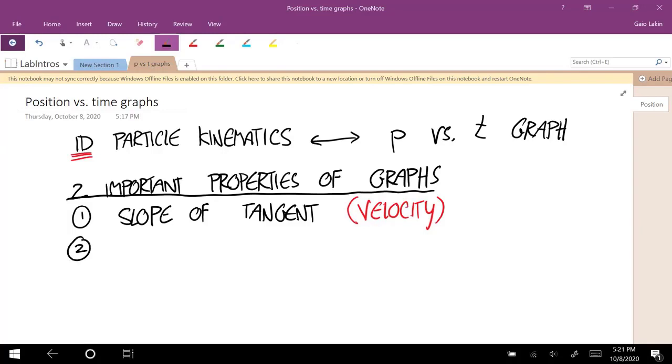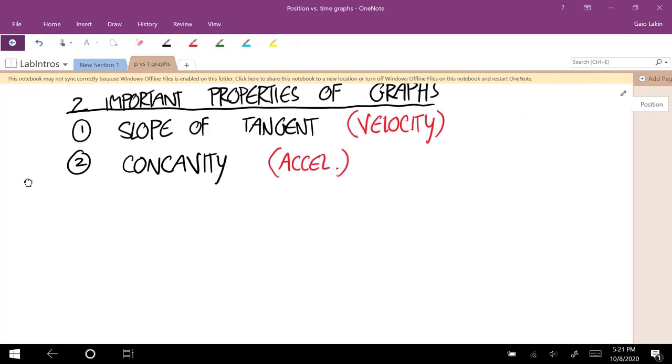And the second thing is the concavity of the graph, and that's going to be related to the acceleration. Okay, so let me go through these in order. The first thing that we have to talk about is the slope of the tangent line.